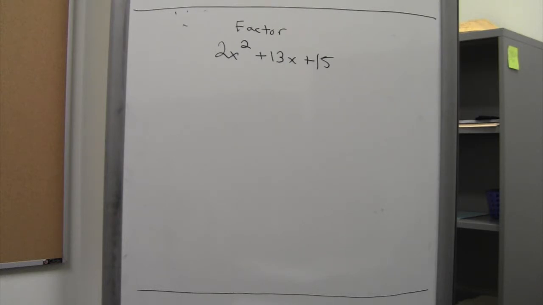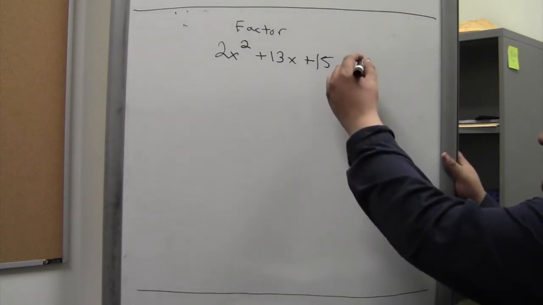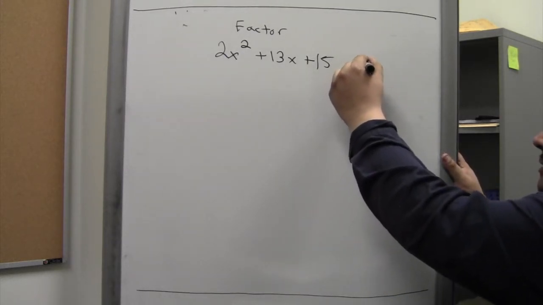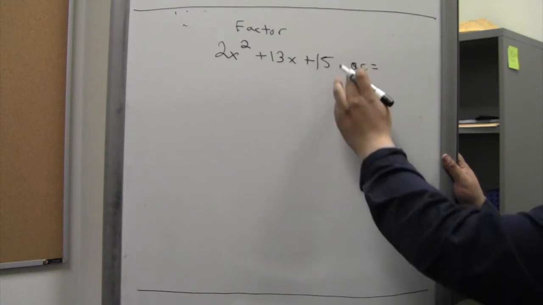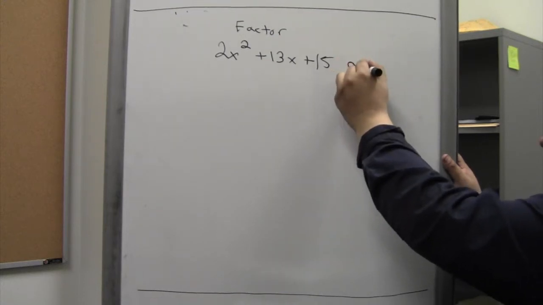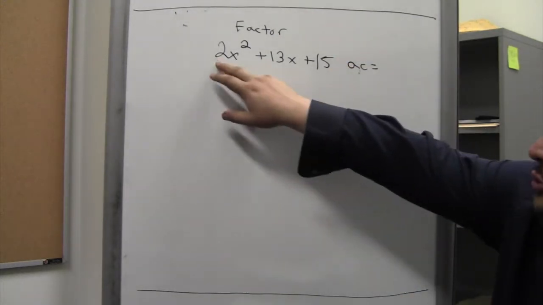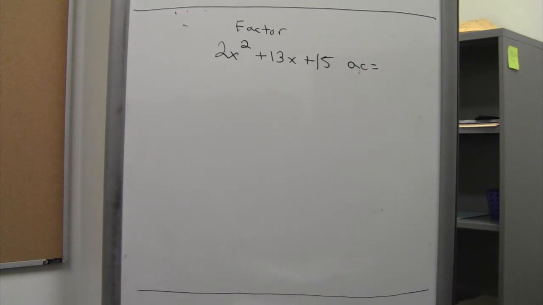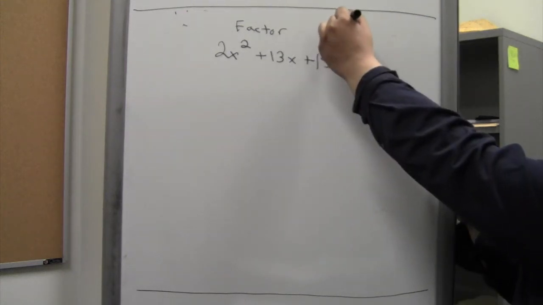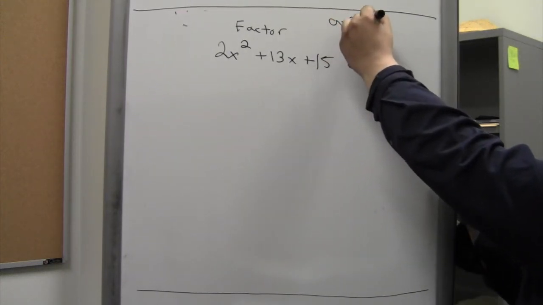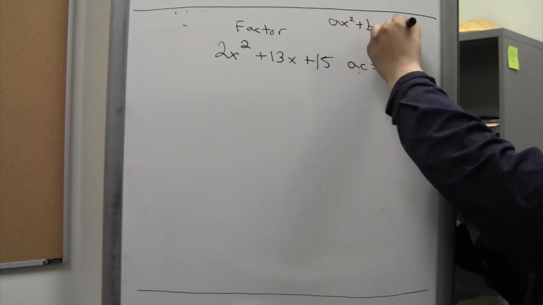If you recall the steps that we just saw, step 1 was to find factors of AC that add up to equal B. Well, AC in this case, let's write that a little clearer, A times C, that's 2 times 15. Okay, remember the form, ax squared plus bx plus c.